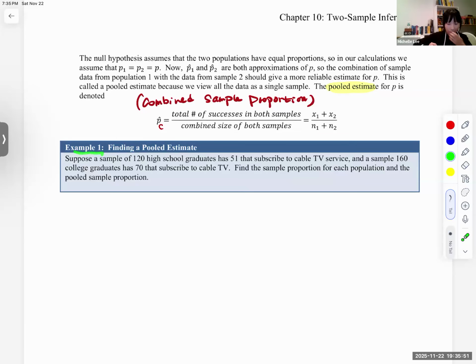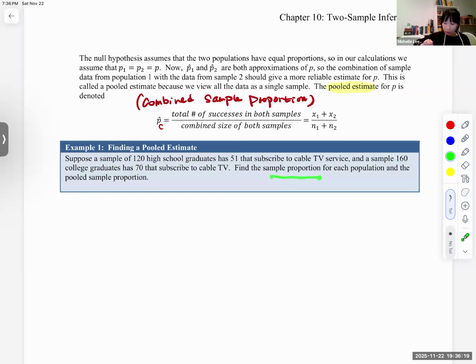Okay, so let us do this one. Example 1, we want to find the pooled estimate. Suppose a sample of 120 high school graduates has 51 that subscribe to cable TV service, and a sample of 160 college graduates has 70 that subscribe to cable TV.